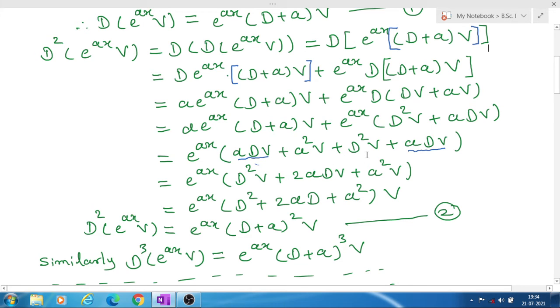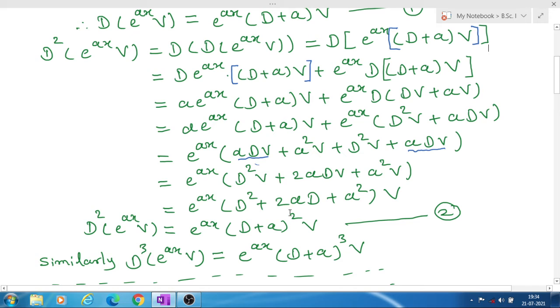So first we write D square v plus addition of these two is a into Dv plus a into Dv, means 2 times a into Dv, plus this term a square v. This is equal to e raised to ax into bracket D, we take this v on the right hand side because it is an operand.